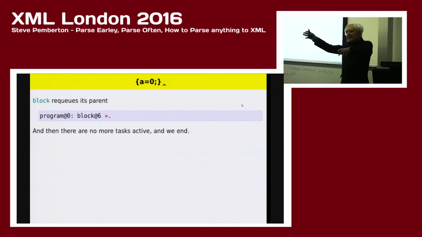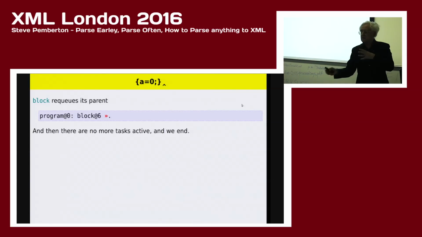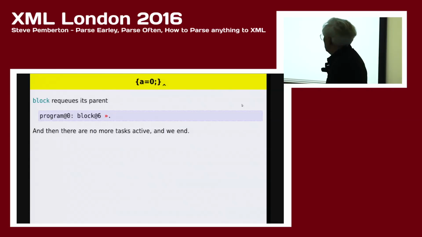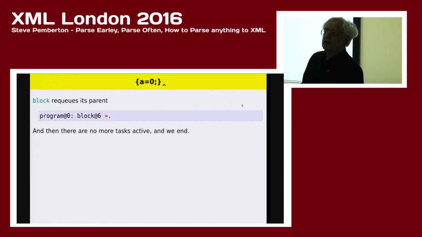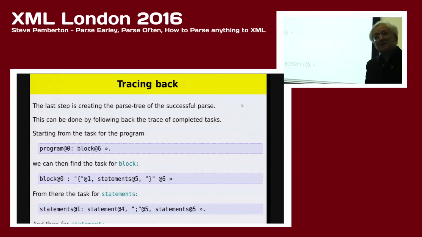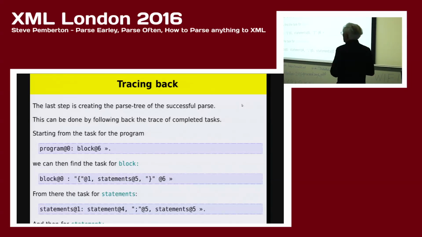So, in other words, it's using exactly the same method of how operating systems run programs in parallel, and it's parsing the input in a parallel way. So the last step is that we want to get the parse tree out of this, and that's just following through the completed tasks.